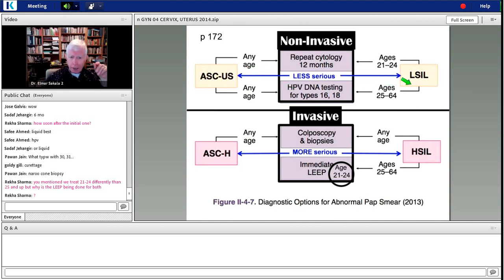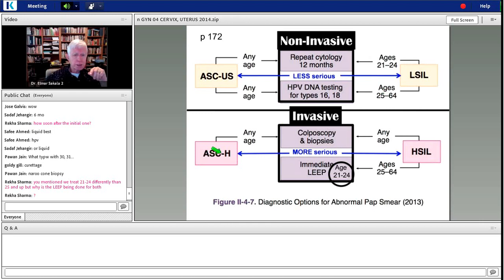The LSIL, if she is young, 21 to 24, repeat the cytology. If she is 25 to 64, then you do the HPV DNA testing. These are both non-invasive, but you can see how we have a difference in how we handle the LSIL based upon the age.